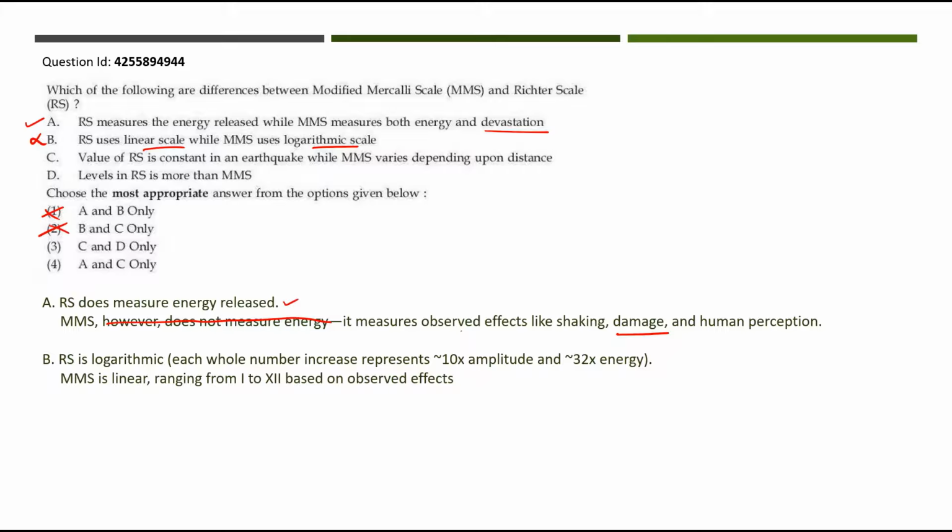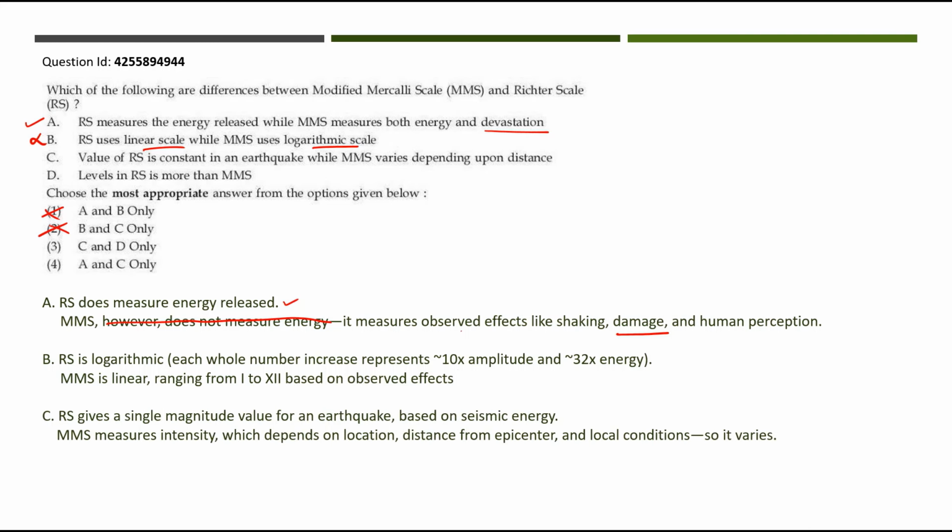What about C? Value of Richter scale is constant in an earthquake, while modified Mercalli scale varies depending upon distance. This is true. Richter scale gives a single magnitude value for an earthquake based on seismic energy, because it is going to measure only the energy released.